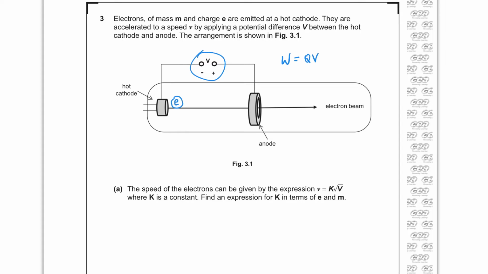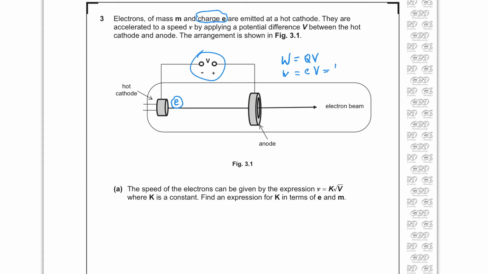So that'll be the work done on this electron. Now, the charge on an electron is called little e because we're told that here. So Q becomes little e, and the voltage just stays as V. So the work done on an electron like this is little e times the voltage. And that's what gives it its kinetic energy.